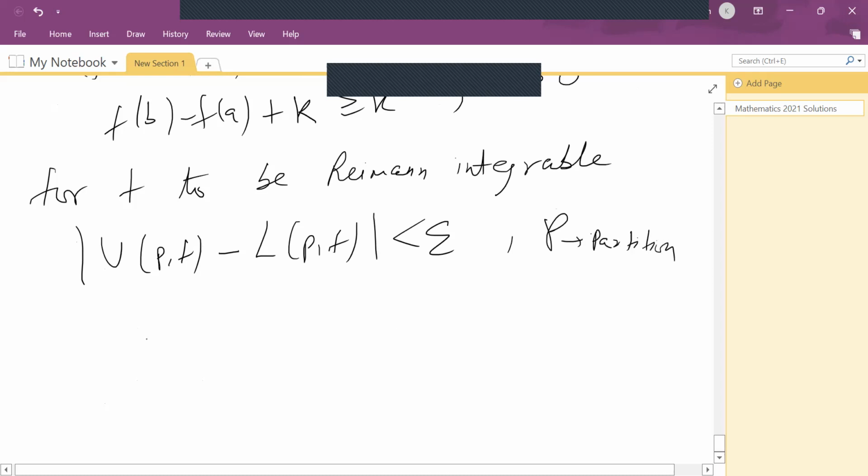So we will use this thing to prove our theorem.